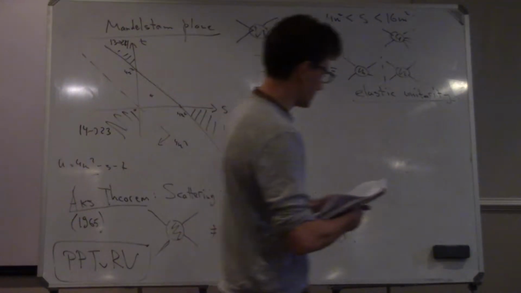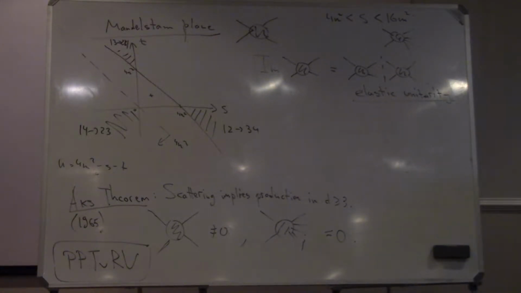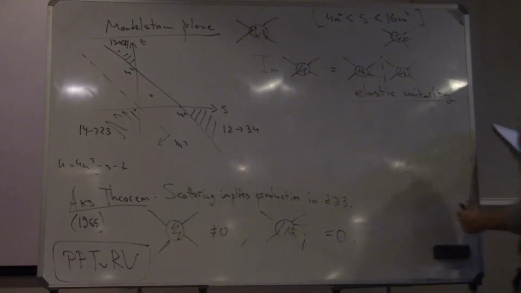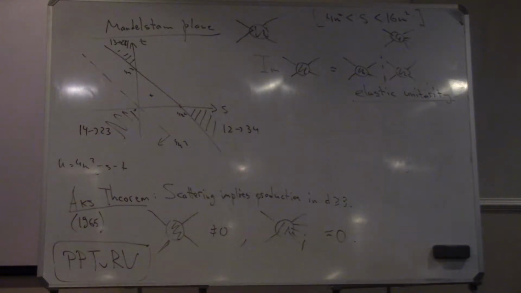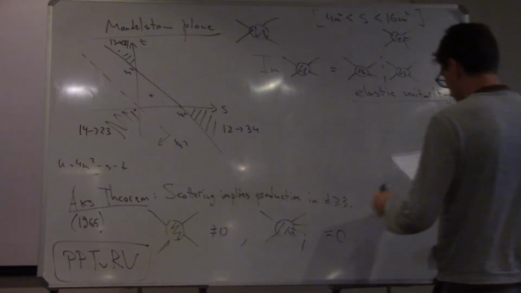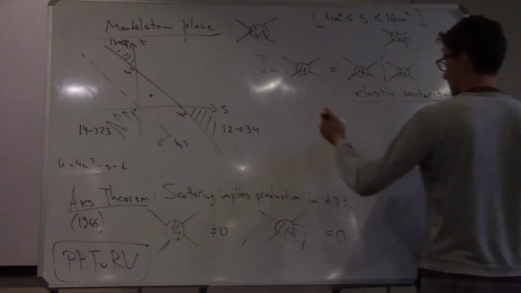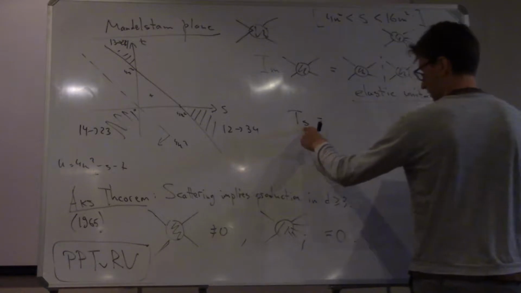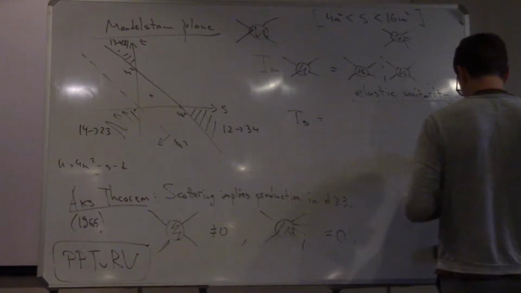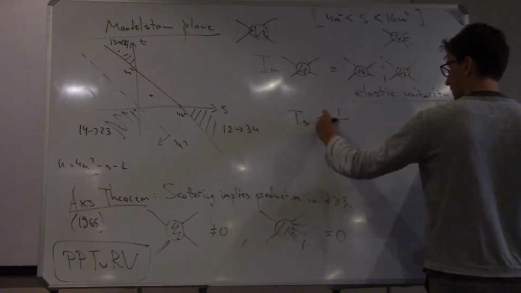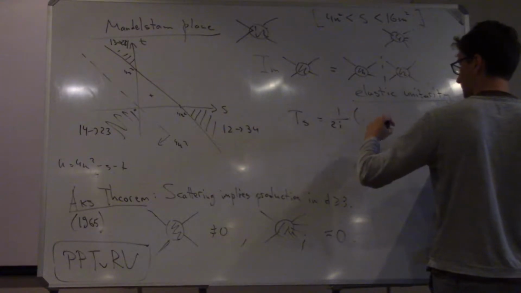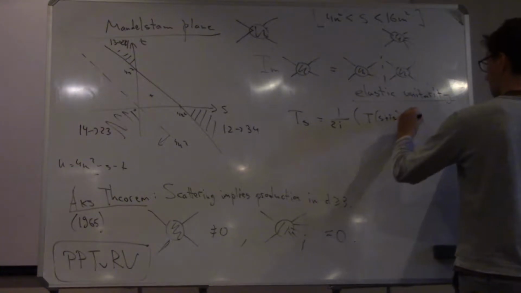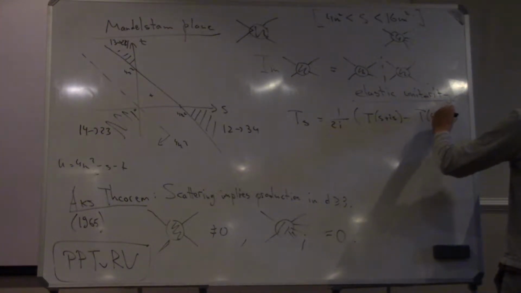Okay, so now we are in this region, so we stay in this region for this equation to hold. Let me introduce this notation, T_S. I think it's standard since the old times. So we consider the scattering amplitude above the cut minus below the cut.